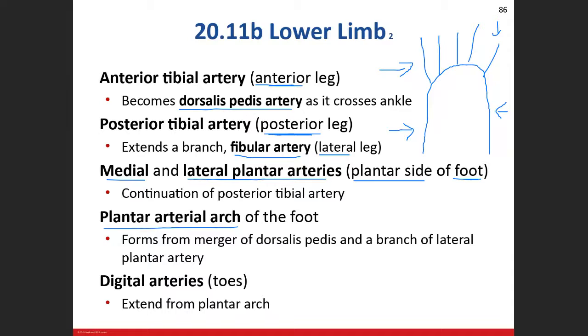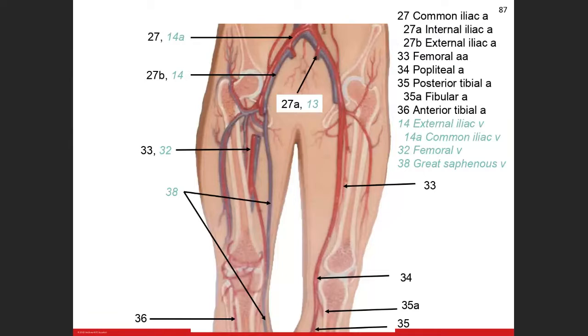All right, if you got your atlas out, let's label a couple things on here. These are not the easiest. I tried to clean them up as much as I could. Keep in mind the colors here, with the colors for these numbers. For example, some of these, like 27 and 14A, are supposed to be pointing to both the artery and the vein, even though it's pointing to the artery here.